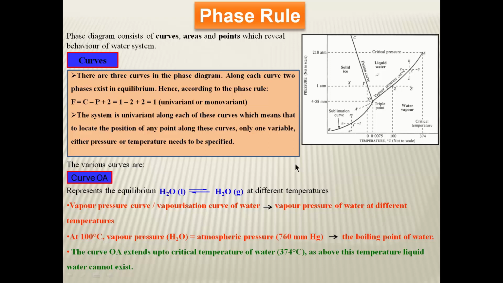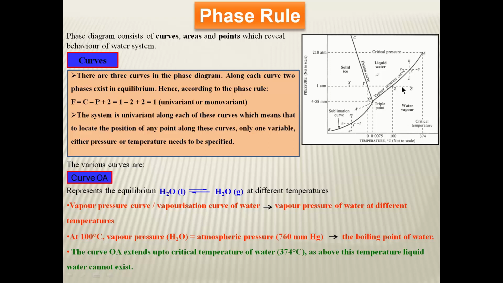Now what do we mean by this? Along this curve OA, if we select any point on this curve, this is X, or any other point, at that point there is equilibrium between liquid water and gaseous water, and for every particular pressure, there is a corresponding one temperature only, and vice versa.